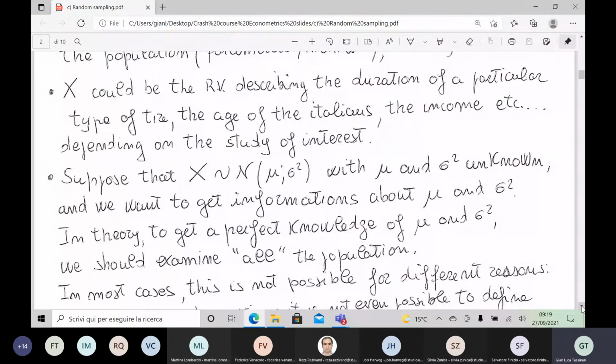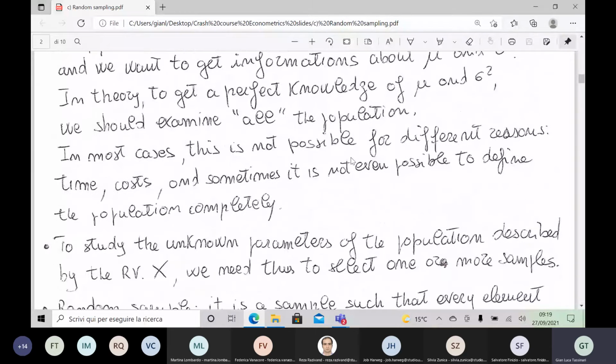So, in theory, to get a perfect knowledge of mu and sigma square, we should examine all the elements of the population. In most cases, this is not possible for different reasons, times, costs, and sometimes it's not even possible to define the population completely. So to study the unknown parameters of the population described by the random variable X, we need to select one or more samples.